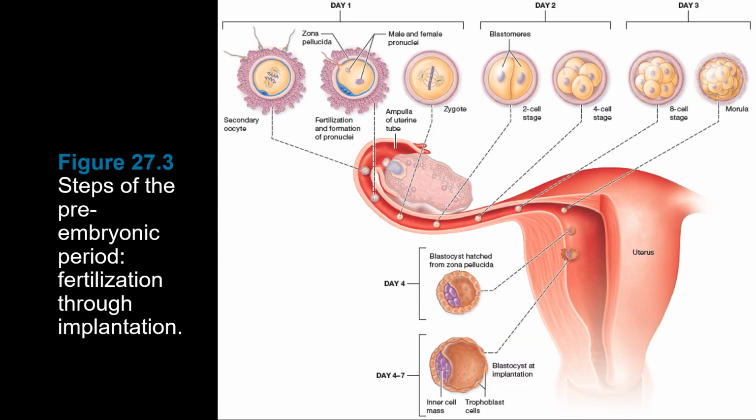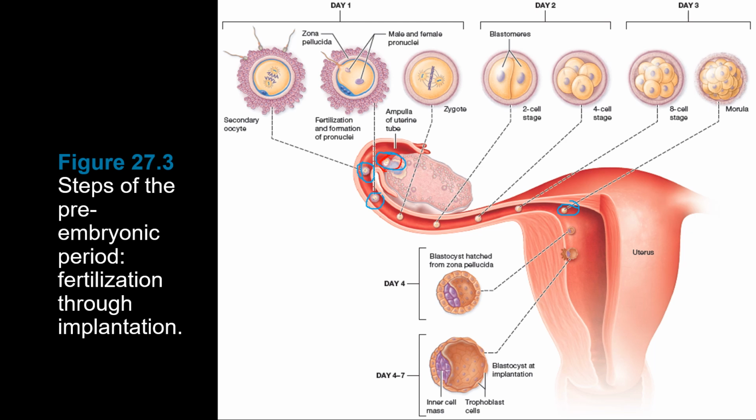And here you can see the whole thing put together. As the oocyte is released, you see where all of these processes take place, where the sperm begins to attack in the ampulla of the uterine tube, where fertilization occurs here, and as we move forward, we get that morula as it just enters into the uterus proper.